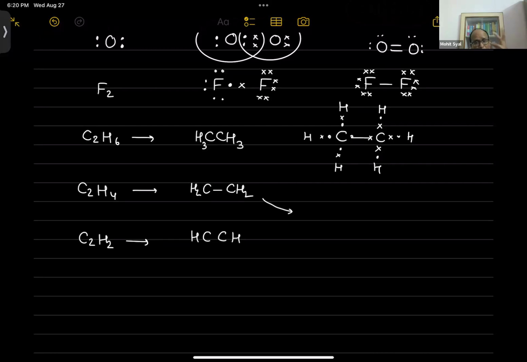For each carbon we have just 2 hydrogens, and hydrogen can share only one electron, right? Exactly. Carbon will share 2 electrons with the hydrogens, because only 2 hydrogens were there, so 2 electrons for each carbon were shared. The other 2 electrons need to be shared with the other carbon atom. Got it? Yeah. Double bond, right? Yes.